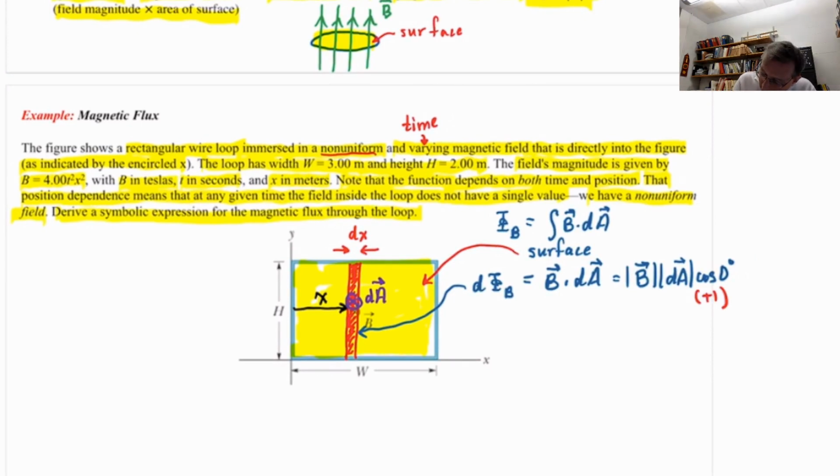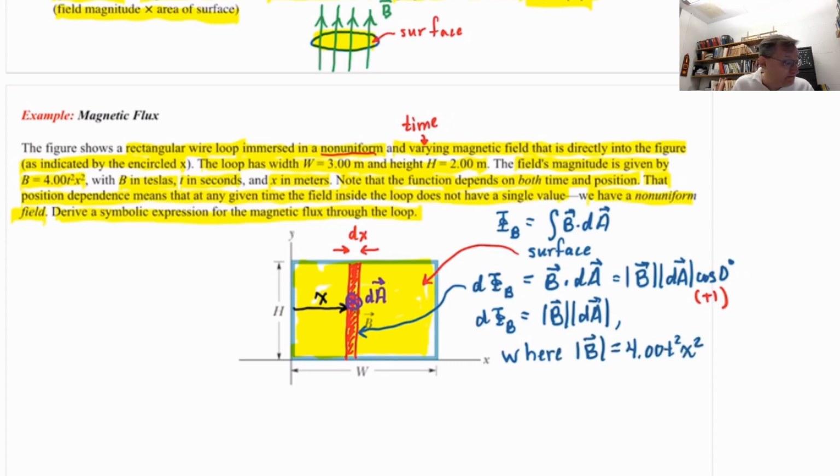So my expression for d phi b, magnetic flux with that little strip, is B magnitude times dA magnitude. Okay? Where the B magnitude is that function that was given to me, 4t squared x squared.